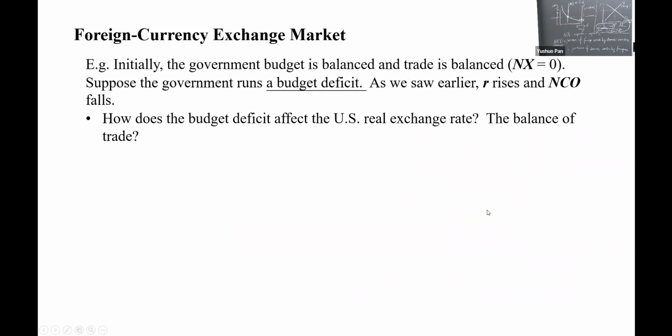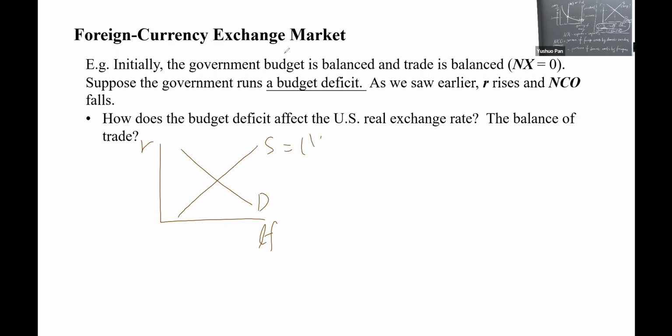Initially, the government budget is balanced and the trade is balanced. Suppose the government runs a deficit. This one is the same as what we talked about before. First is the real interest rate in the domestic market, the loanable funds market. The original saving and investment demand curve.